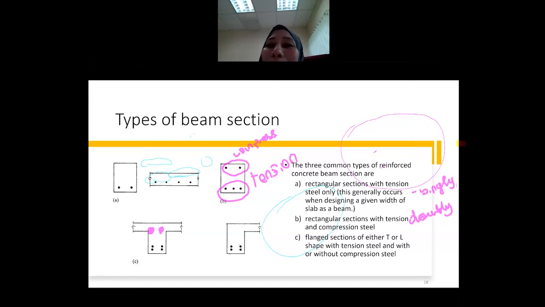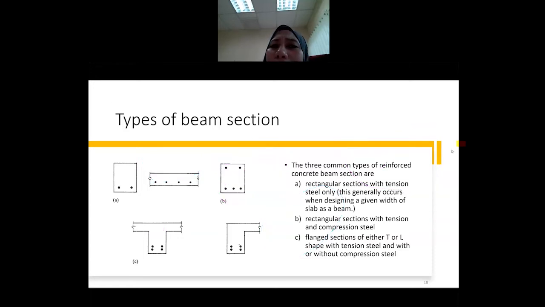You ask then. So for C, actually we don't study C. Don't worry. But if you still remember, you studied indeterminate structures, indeterminate beams, that kind of thing.